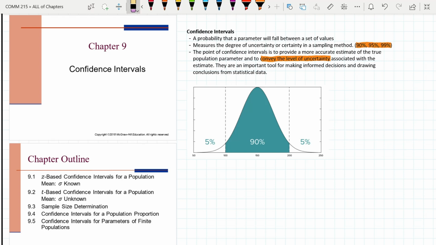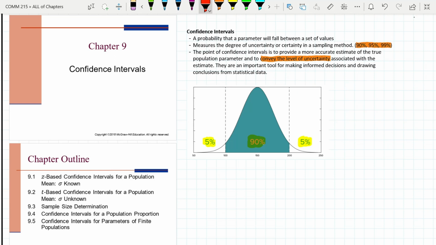So explaining the diagram in the bottom here, or the example I should say, we are using 90% confidence interval. So what we could see here with the 5% is the level of uncertainty.